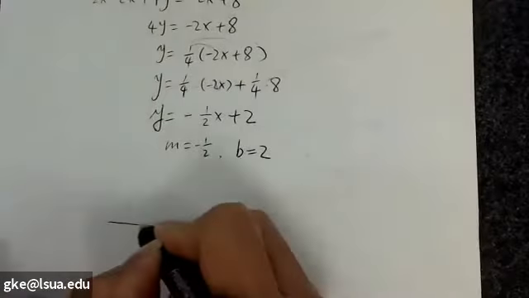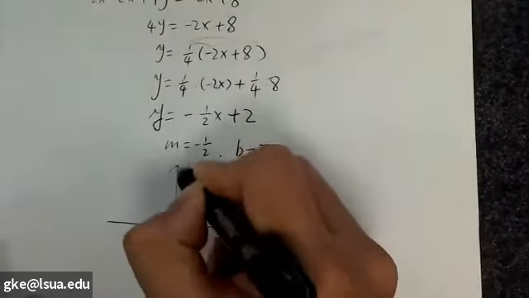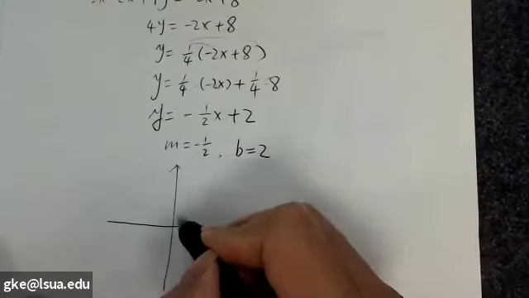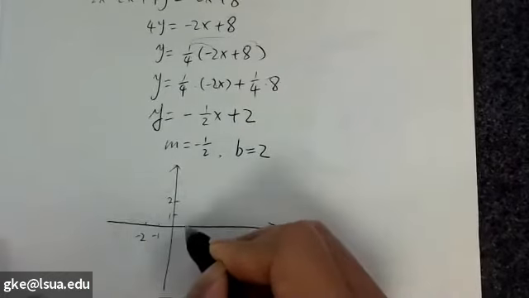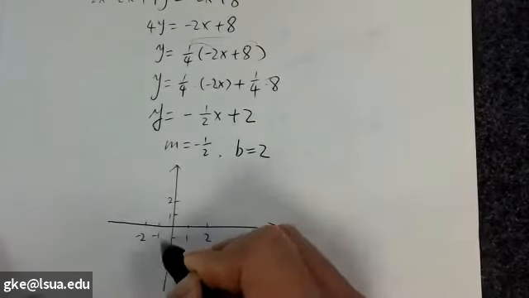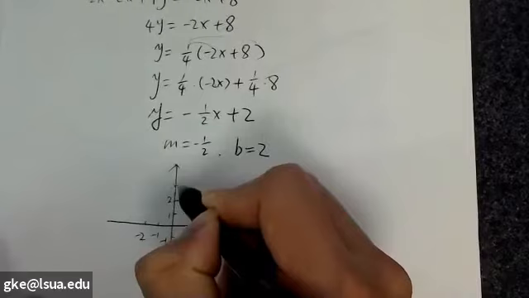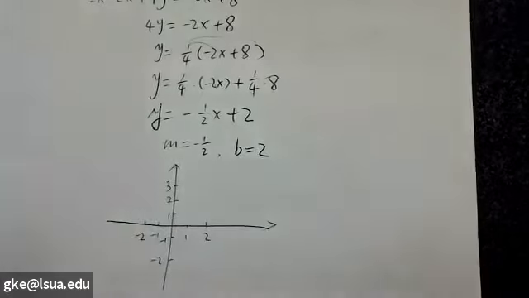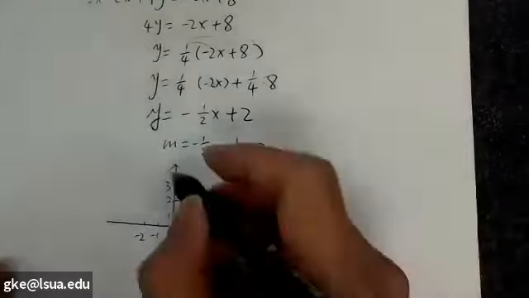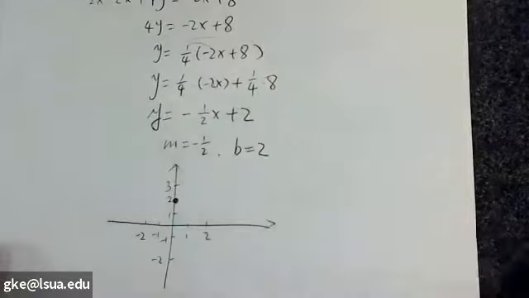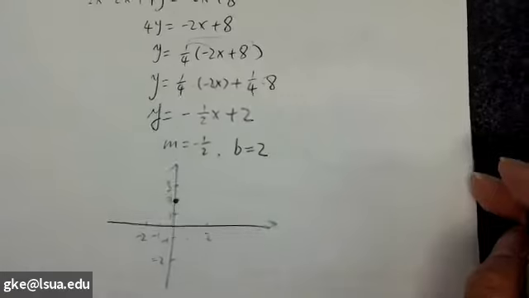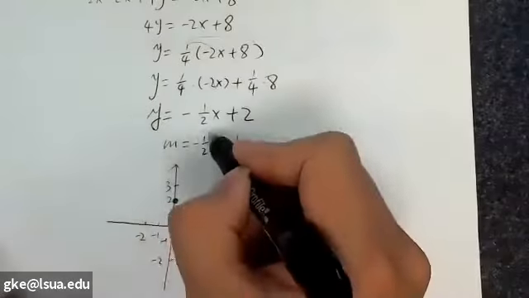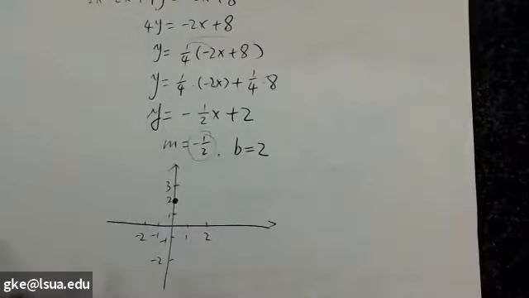Now you can draw the picture. Draw the picture for me. So we have b is 2. That's the point. And m, be careful, this is -1/2.